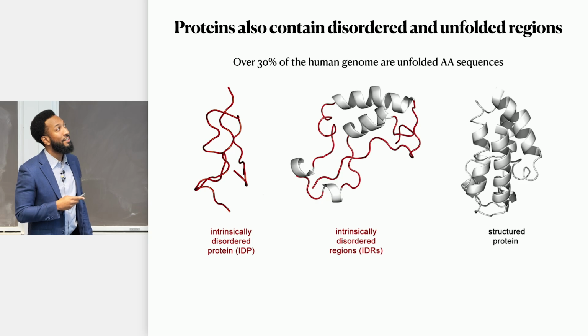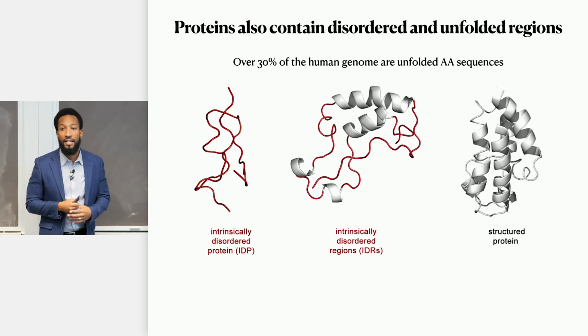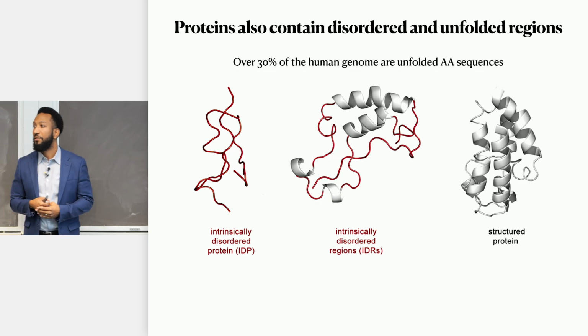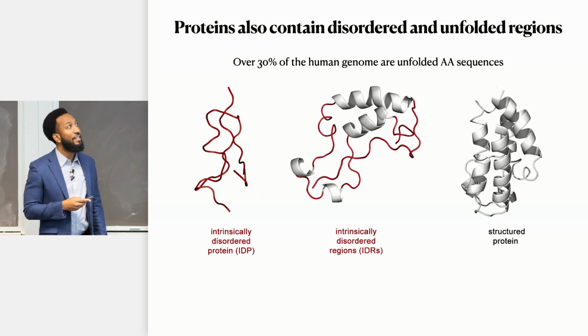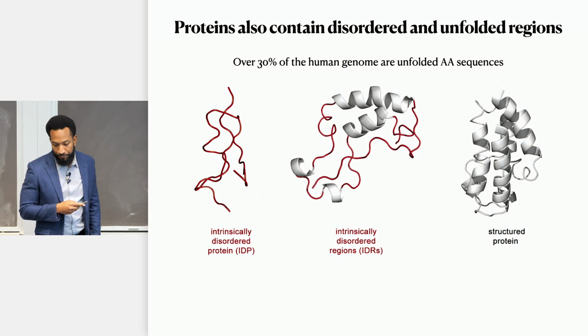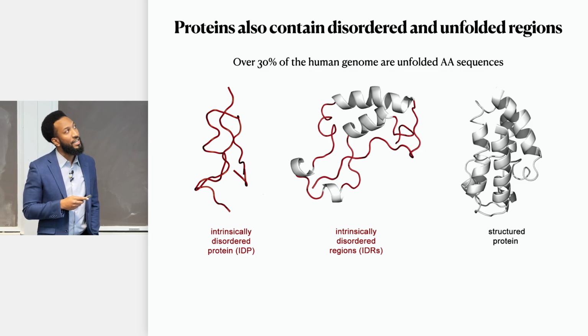For instance, if you were to plug a protein into AlphaFold, it would give you something like this, where these are alpha helices, and everywhere you see this red line, you would see a squiggly line in these structures.